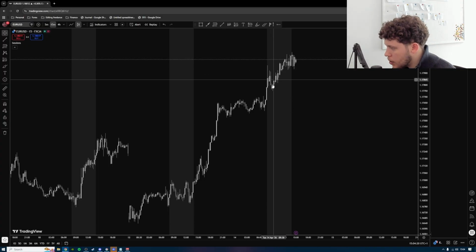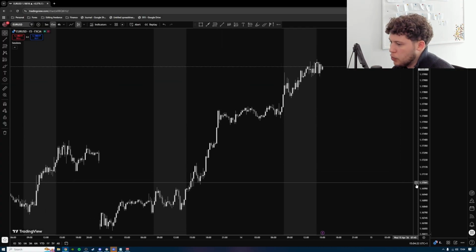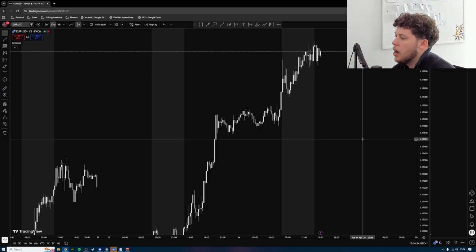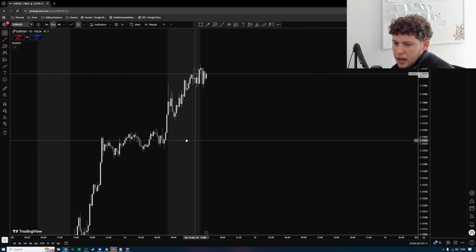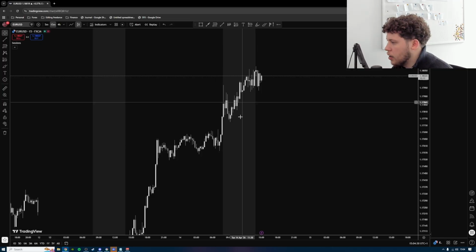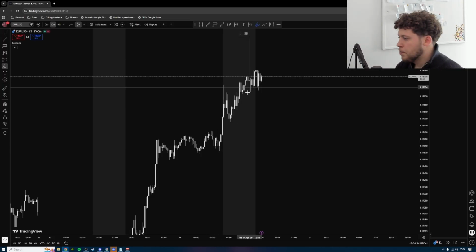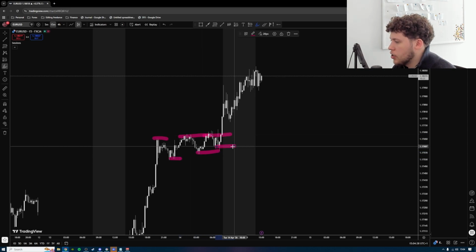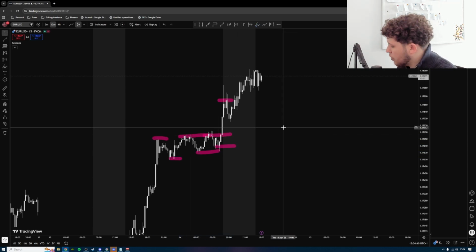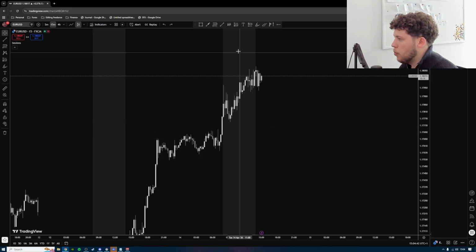So, what do we need to see? Well, first of all, we need to look at structure in London session. So these little grey boxes here are London session, just to make it kind of clearer for you. But what we're looking for is essentially clear breaks in market structure like this. And as you can see right here, this is what we have.